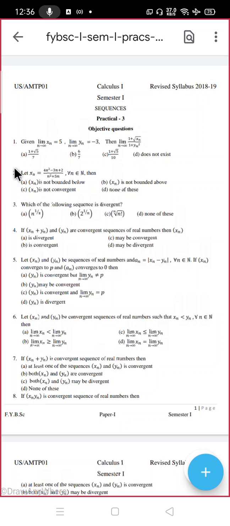Just tell me for the second question, what did you mark? Then I'll tell whether it is correct or not. And if it is wrong, then I'll help you in that. Okay, tell me what about the second one? B, whether it is not bounded above. Anybody else?